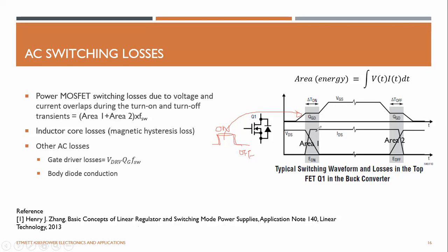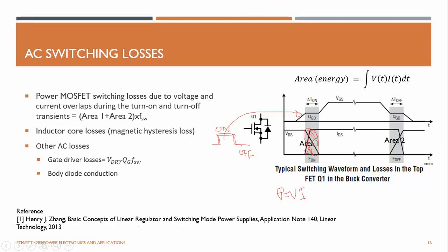So during this you can see there's a product of voltage and current, right? That contributes to the energy loss, because P is equal to VI.